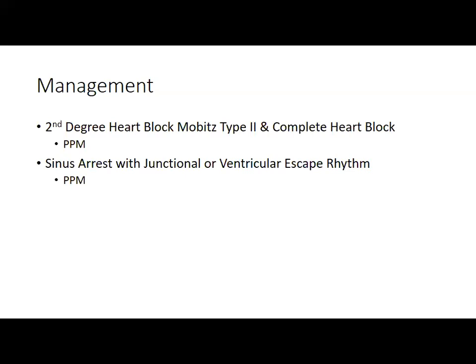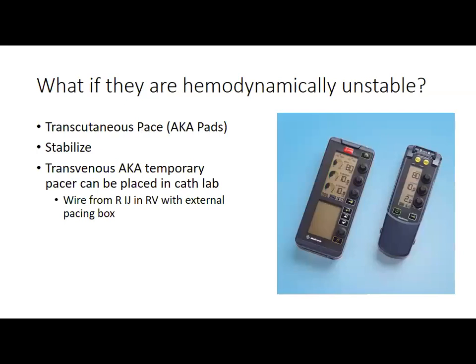Mobitz type 2, aka second degree heart block type 2, needs a pacemaker regardless of symptoms. And complete heart block needs a pacemaker regardless of symptoms. And obviously, if you have experienced sinus arrest and you're in a junctional or ventricular escape rhythm, you also need to be paced.